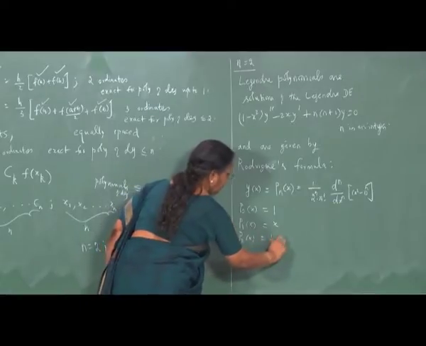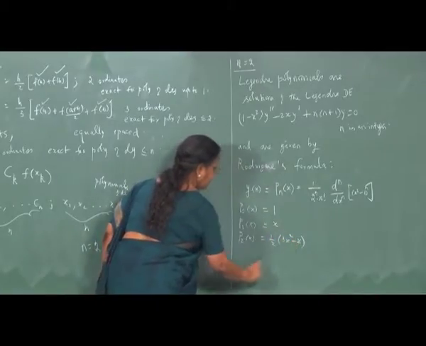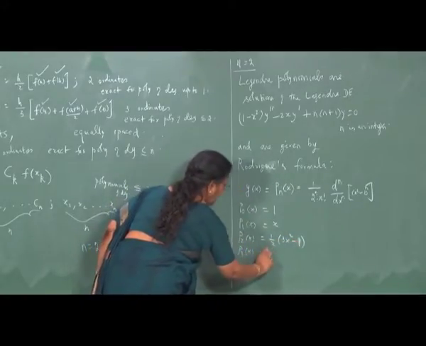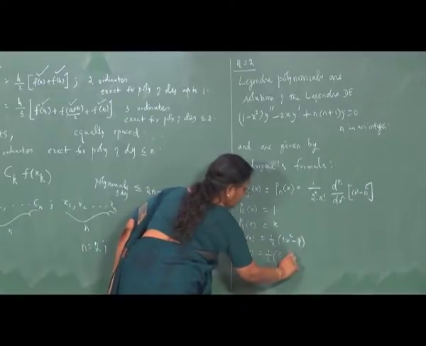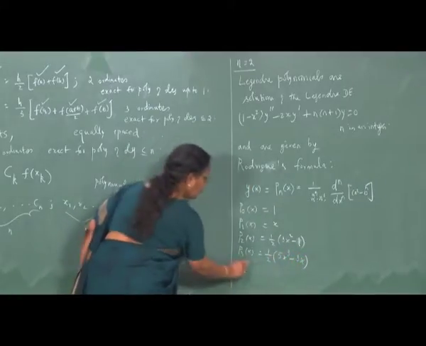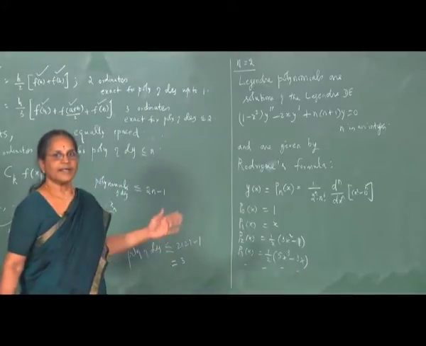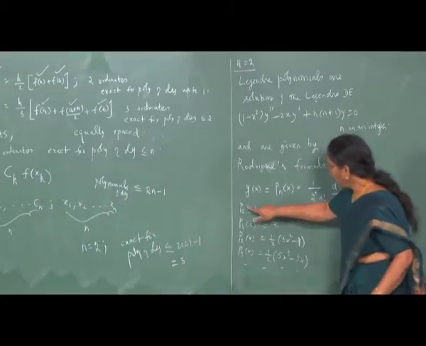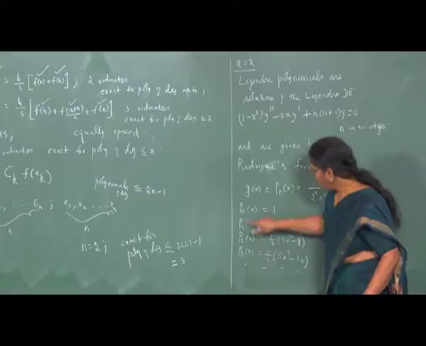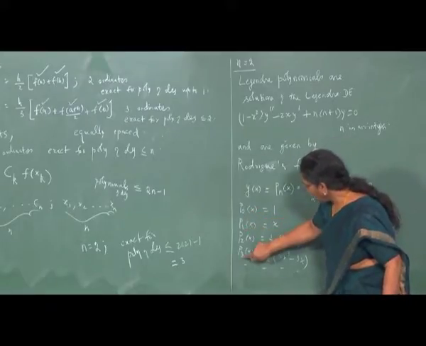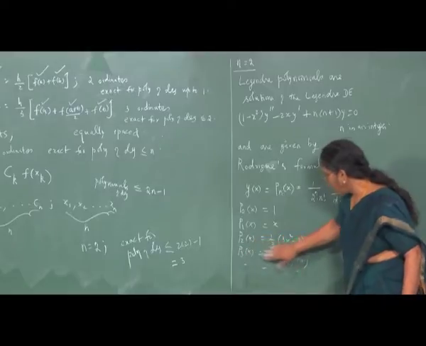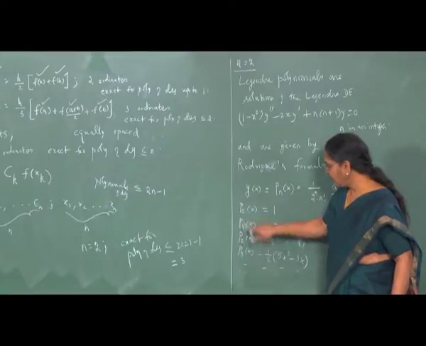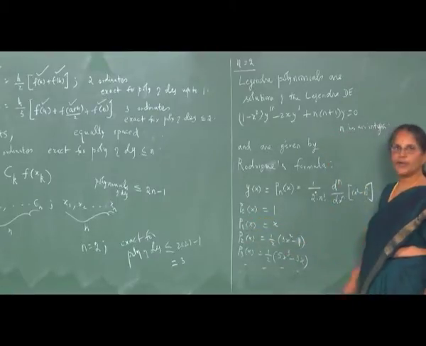P2 of x will be half of 3x square minus 1, and P3 of x will be half of 5x cubed minus 3x, and so on. You can get higher degree polynomials, and you observe that polynomials with odd suffixes are odd polynomials, and those with even suffixes are even degree polynomials.